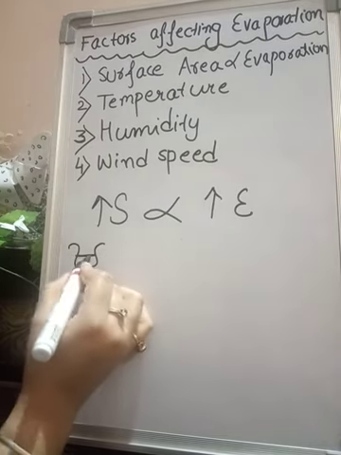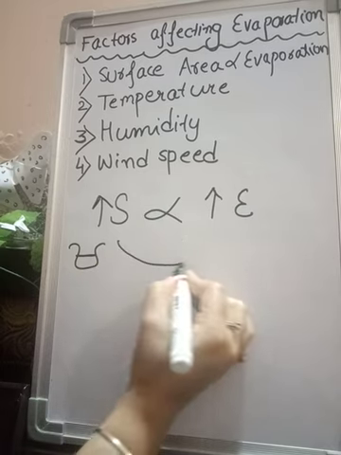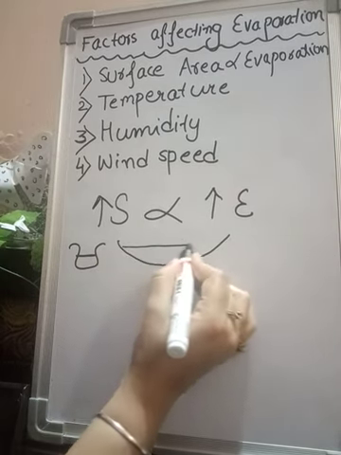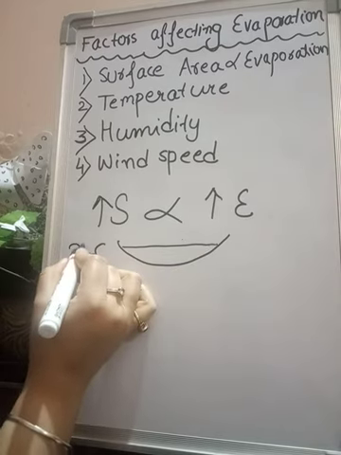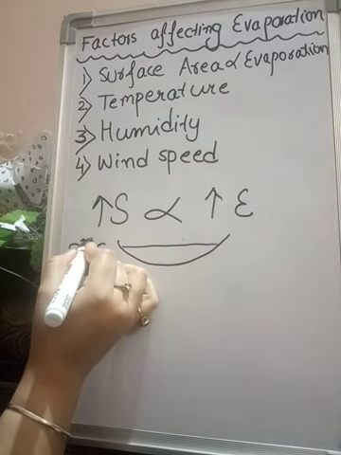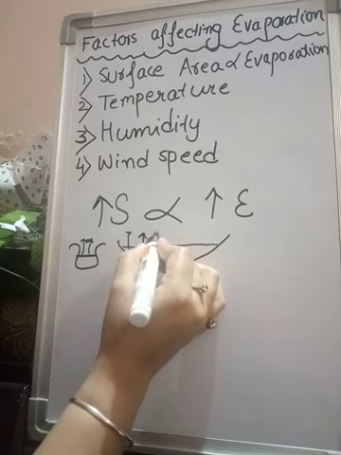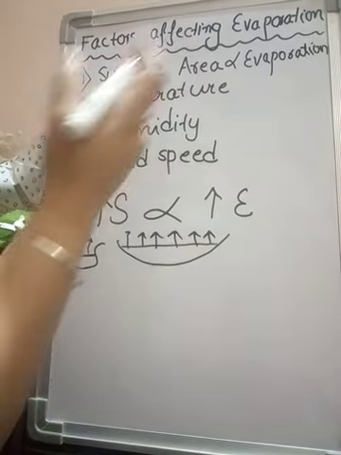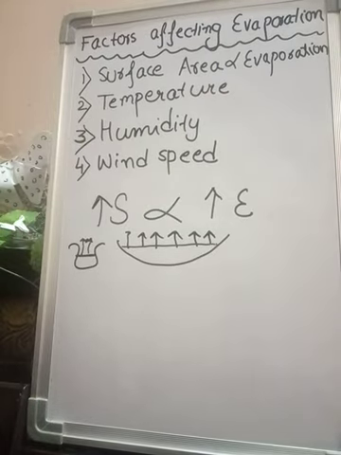But if I pour this same solution into such a kind of container, this surface area will be increased. So here the rate of evaporation is obviously increasing. See, this is how the surface area affects the evaporation.